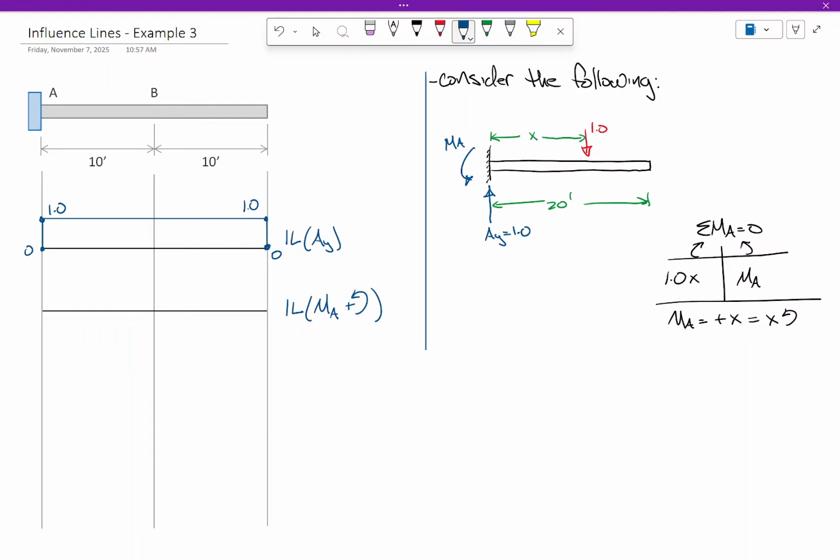So if that's the case, what would my influence line look like? Let's be clear, this is a coordinate system, right? This is my y-axis. This is my x-axis, so this is x equals 0, x equals 10, x equals 20, right? Along this x-axis. So what does it look like?